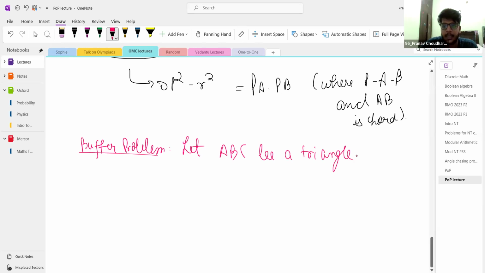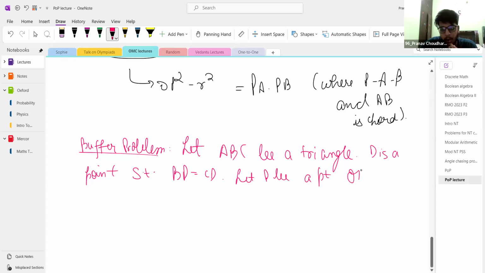So you have some triangle ABC. D is a point such that BD equals CD. Let P be a point on line BD such that AP equals BP.